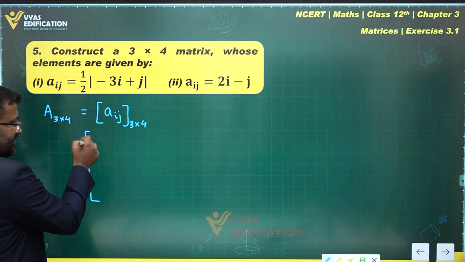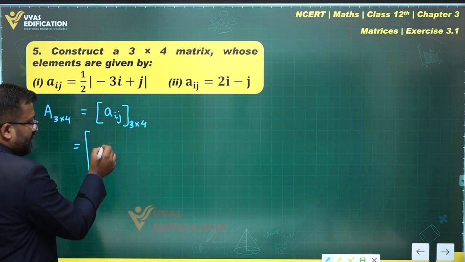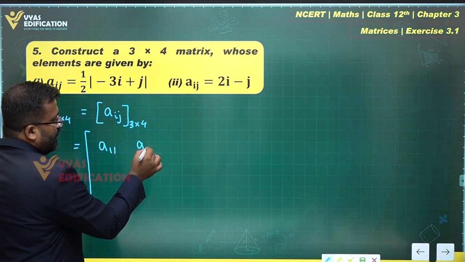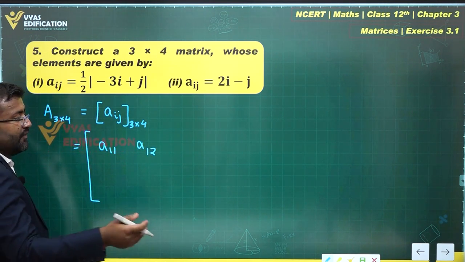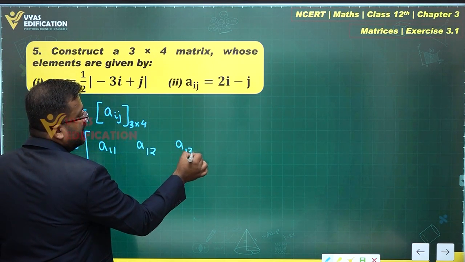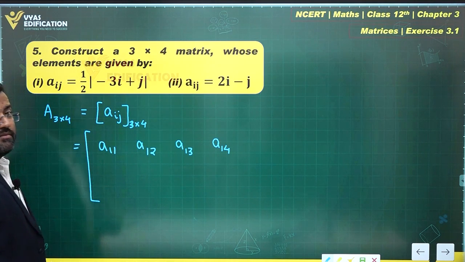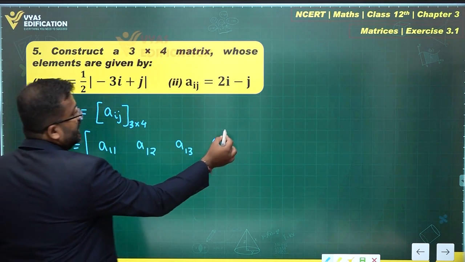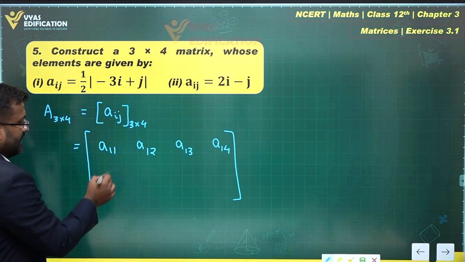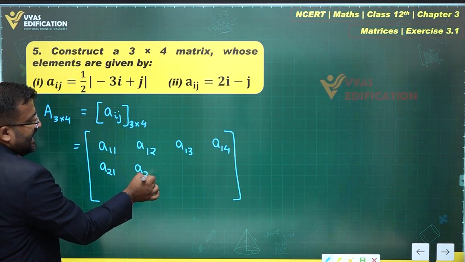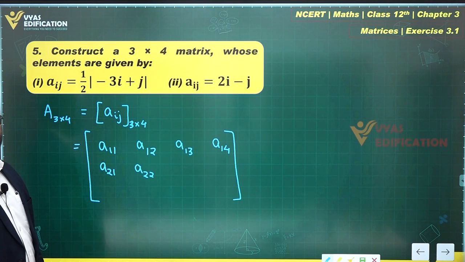The first element present in the first row and first column would be A11. Then you have first row, second column. Then you have first row, third column. Then you have first row and fourth column. There are total 4 columns, right? That's what you get. What happens to the next one? This is the second row, first column. This is second row, second column. This is A22.